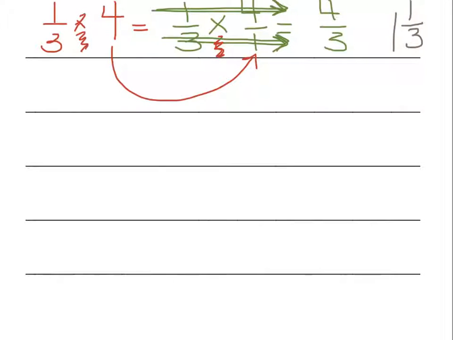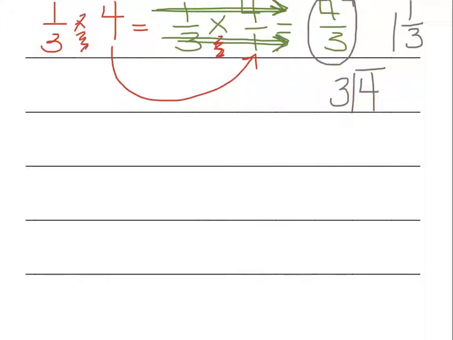And then the third thing to remember is when you have an improper fraction, it's actually a division problem, which is 4 divided by 3, and we divide it and we come up with 1 1/3. So again, just a bunch of little tiny steps that we've already done before. Now you put them into a full math problem.